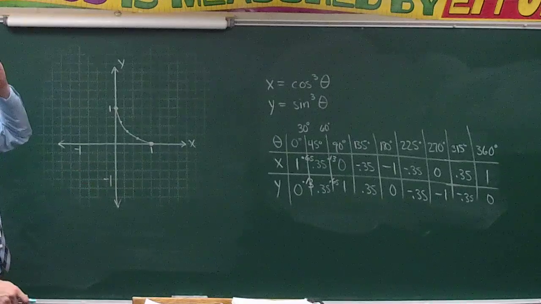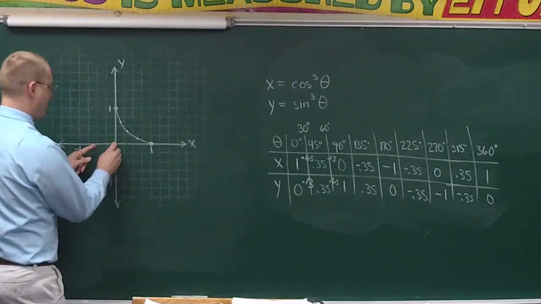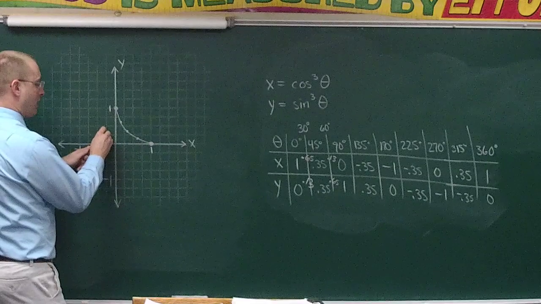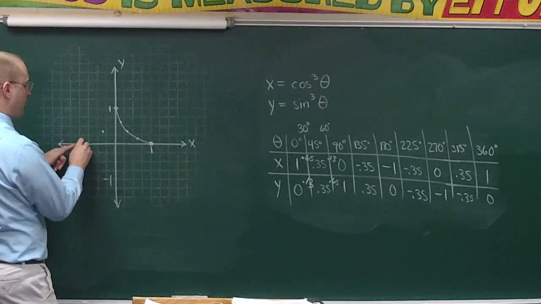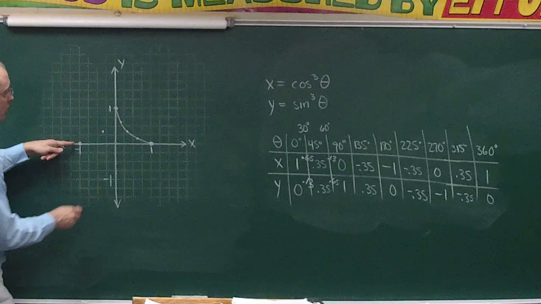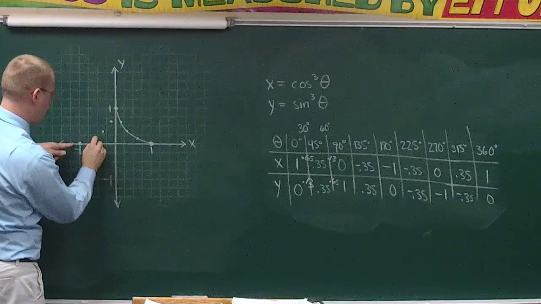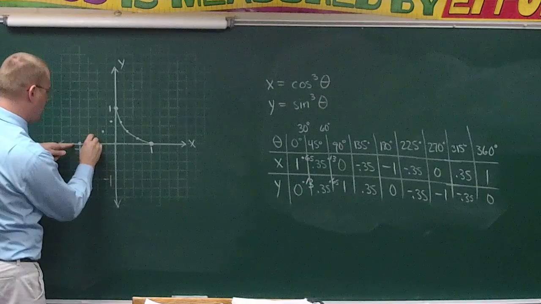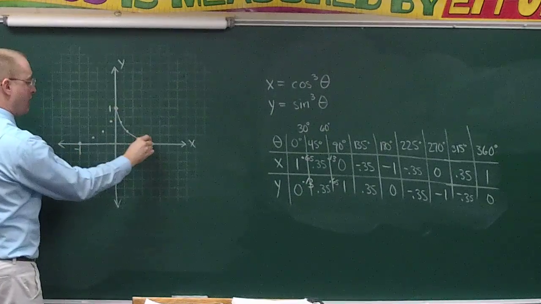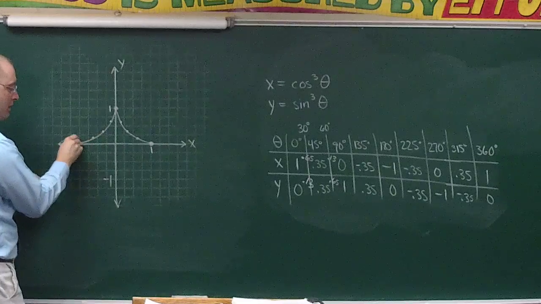Now watch what's going to happen as we go into the second quadrant. If we just plotted the negative 0.35, 0.35, and the negative 1, 0, see how it's these same points again? So it's also going to mirror here, and it's going to mirror here. And so we've gone up, now we're going to go down.